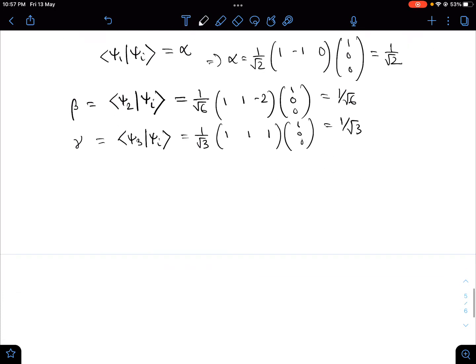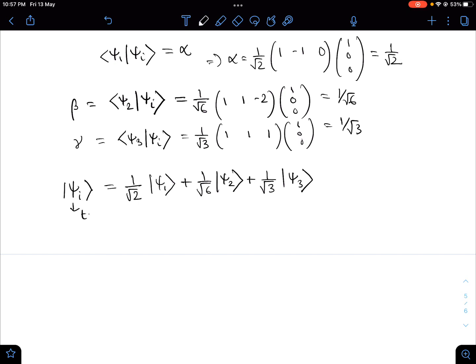So we can write psi I as 1 over root 2 psi 1 plus 1 over root 6 psi 2 plus 1 over root 3 psi 3. So this is at time t equal to 0.